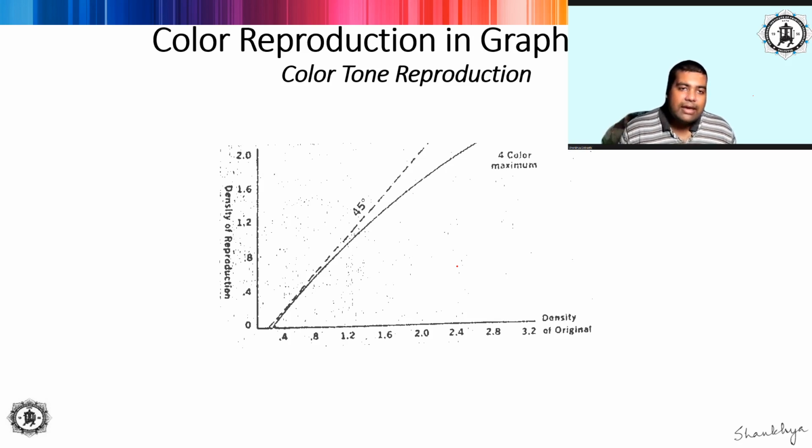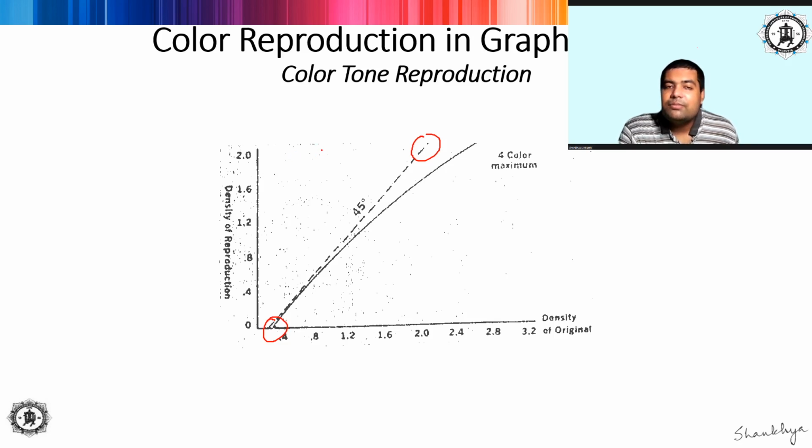So we know for a fact that in the diagram that you are seeing in front of you, this is the minimum achievable density in the reproduction with respect to the original, and this is the maximum one. And a line which is 45 degrees joining these 2 points is your ideal reproduction curve. However, this is not actually possible, right?